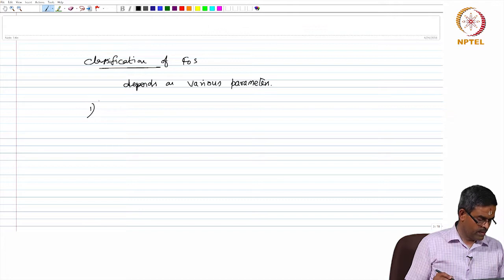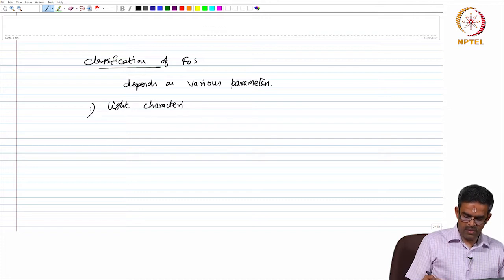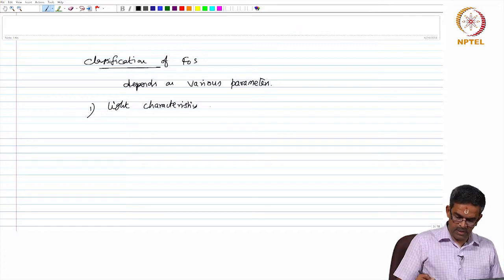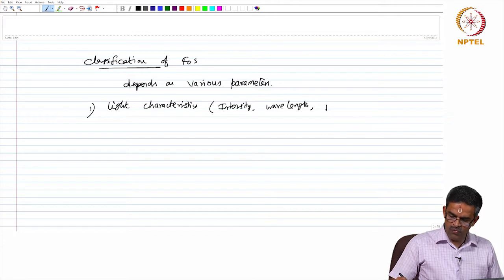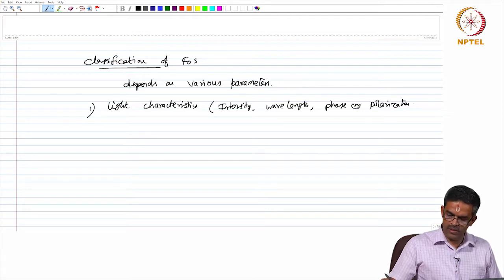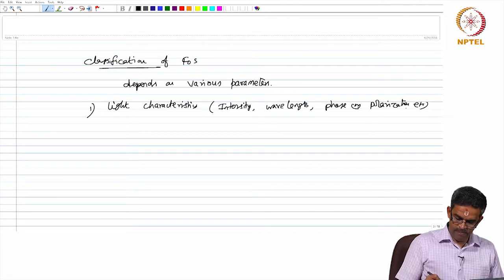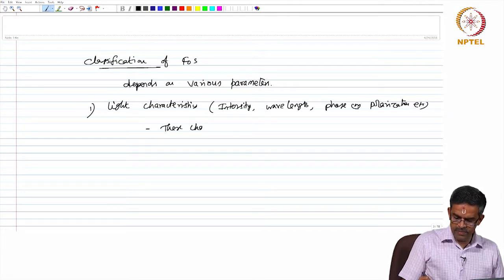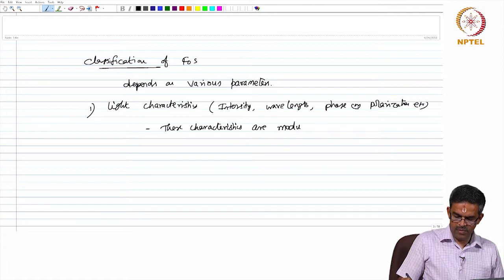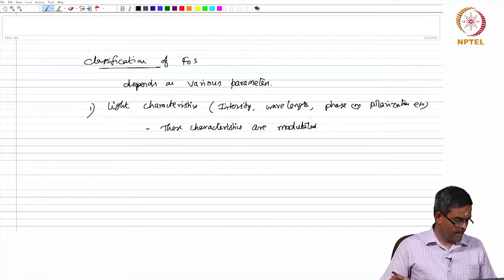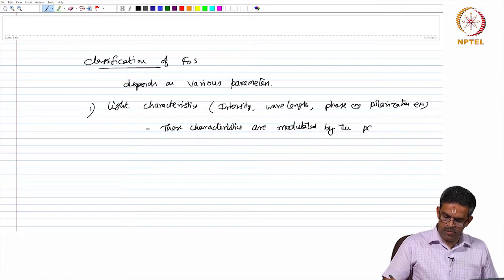Namely, the light characteristics, that is their intensity, the wavelength, phase or polarization, etc. These characteristics are modulated by the parameters to be measured.